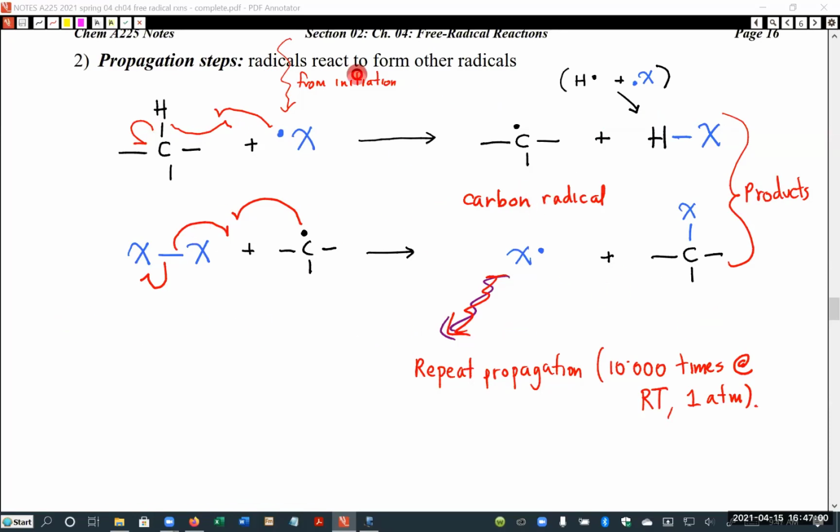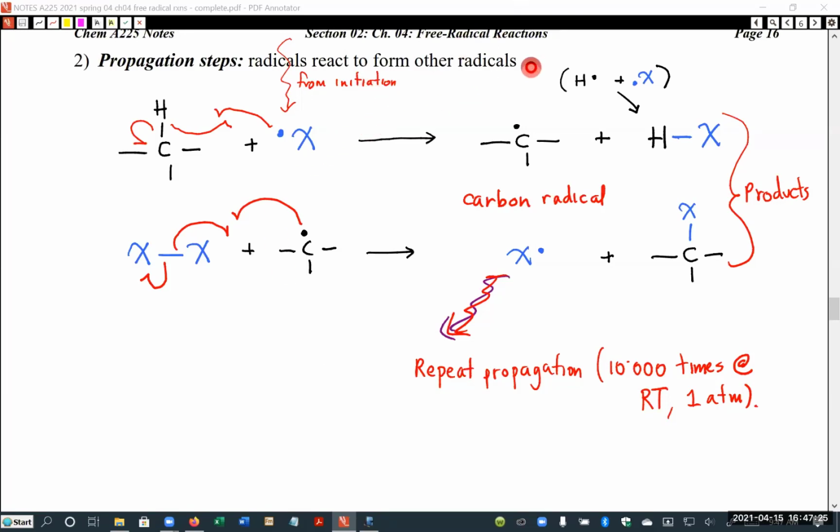If we put a line here and add these down, canceling things on both sides, they should add up to the overall observed reaction. There's way more propagation steps than there are initiation steps, and there's way more propagation steps than there are the steps that end the reaction, which we call termination steps, which we're going to look at in a little bit.